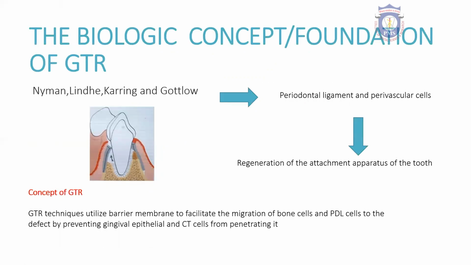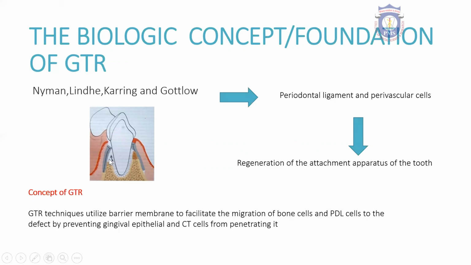So according to the research by Nyman and his colleagues, the periodontal ligament and perivascular cells have the capacity to regenerate the attachment apparatus on the tooth. And this is the concept of GTR. That is, by utilizing a barrier membrane to facilitate the migration of bone cells and periodontal ligament cells to the defect by preventing the epithelial cells and connective tissue cells from penetrating it.